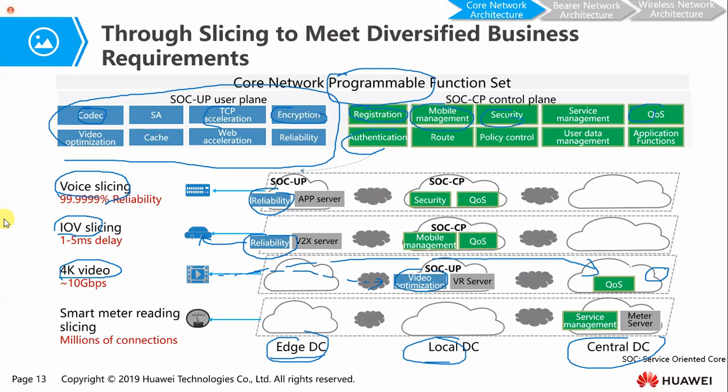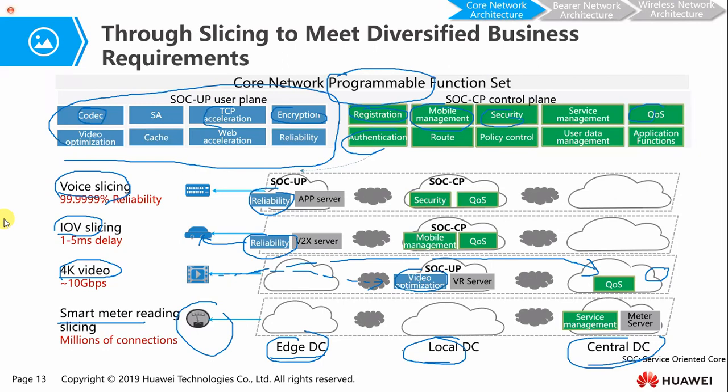But for smart meter reading, this slice doesn't need low latency. So we can deploy the user plane in the central DC.